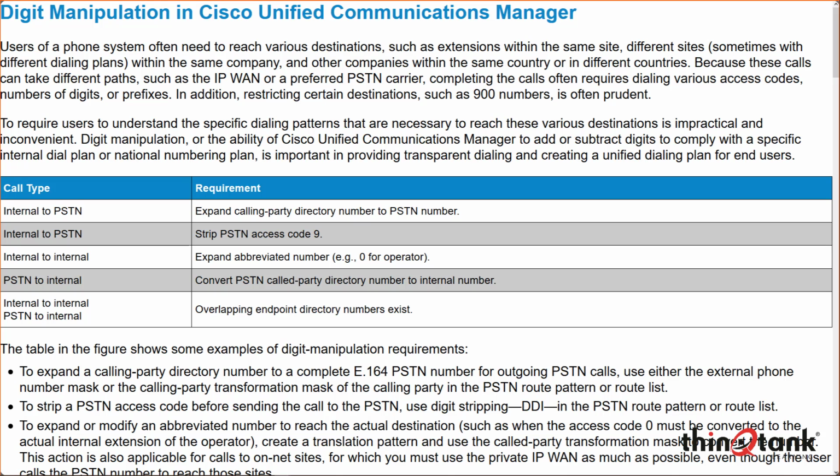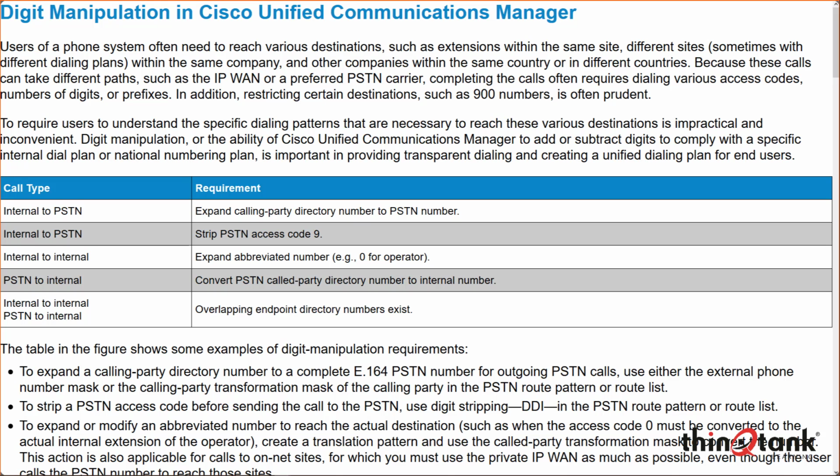Well, the internal network means the call is coming from my internal extension. I don't want my ANI to be my internal extension. I want the ANI to be an E.164 number. So if somebody's looking at their caller ID or they want to call me back, they're going to get my fully qualified E.164 number.